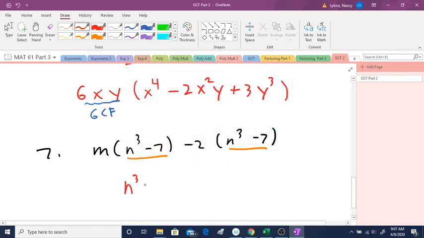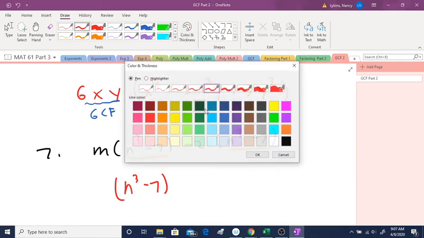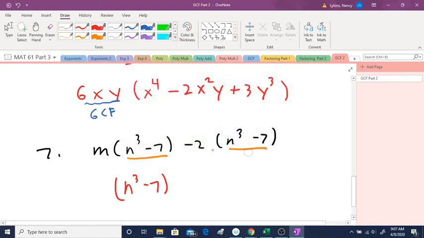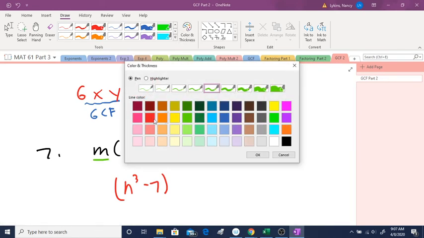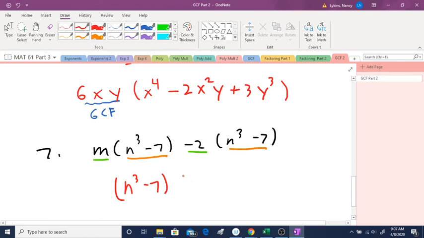That's what they have in common. So I'm going to put that in parentheses. I'm going to just leave it in parentheses. Now look what's left over. An m and a minus 2. Now the m and the minus 2, you cannot factor anything out of it. So this would be my answer.